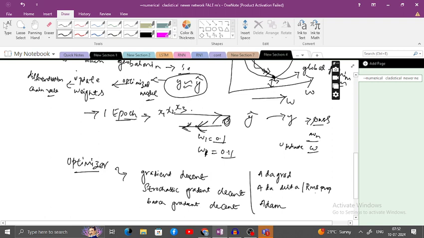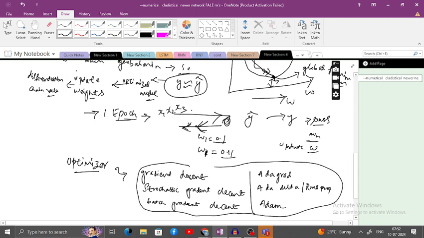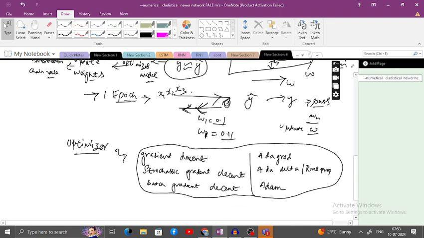All these are the optimizers. This is what you need to understand in deep learning. You understand this, then things will become easy. Okay, so now let us understand one by one.